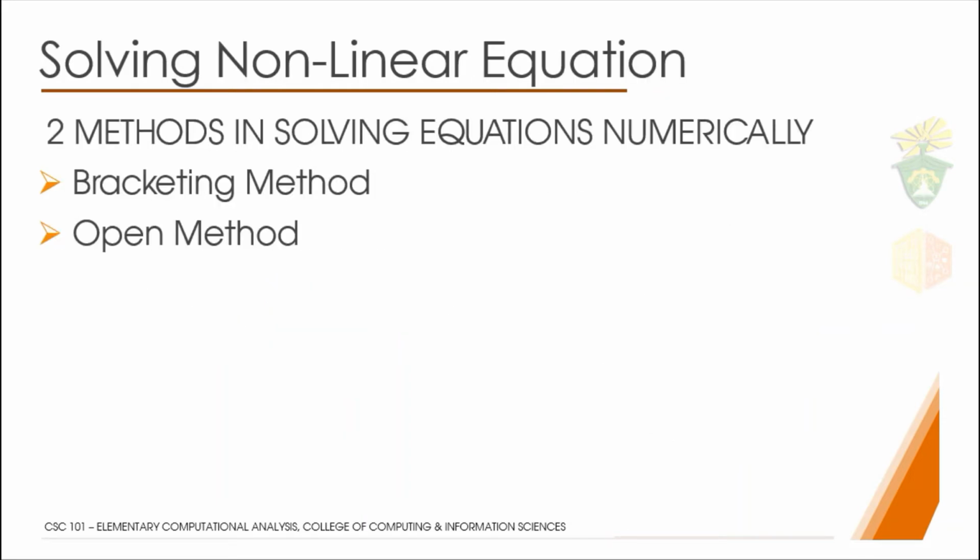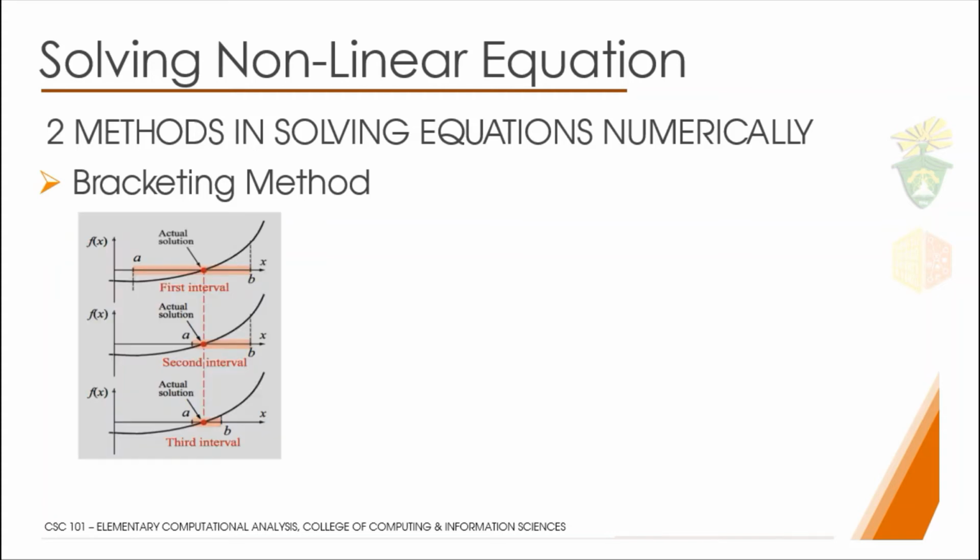So basically there are two methods in solving equations numerically, for equations with one variable. First is the bracketing method and the second is the open methods. We will first discuss the bracketing method shown in this figure. In the bracketing method, an interval that includes the solution is identified.